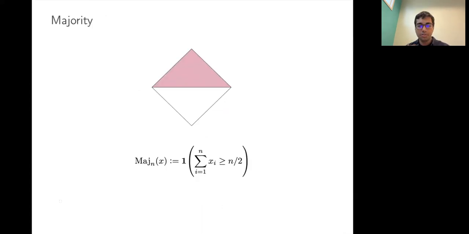Another natural Boolean function is the majority function, which outputs 1 if at least half of the input bits are 1s. And the influence of any coordinate on the majority function is going to be 1 over root n. It's the number of points in the middle layer of the Boolean hypercube divided by 2^n, so by Stirling's formula, you'll get that this is 1 over root n.